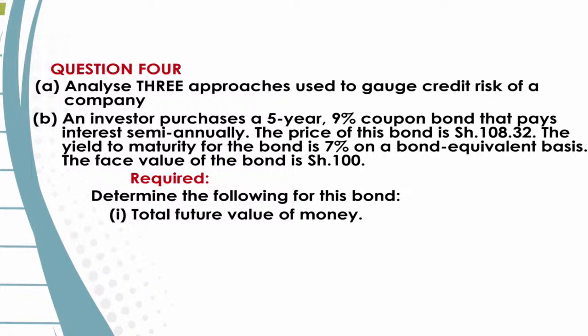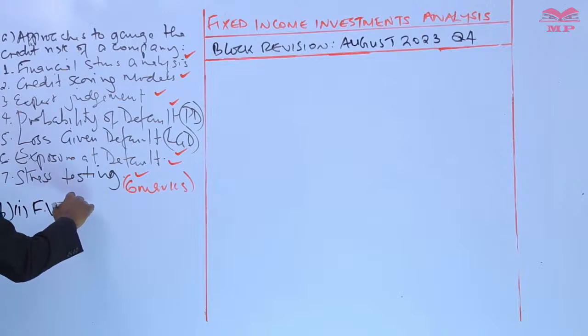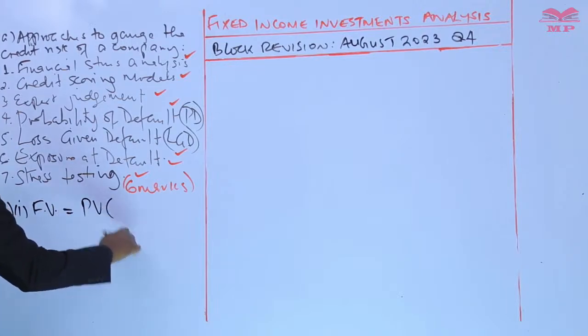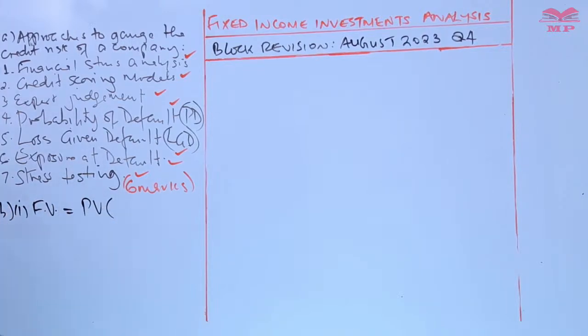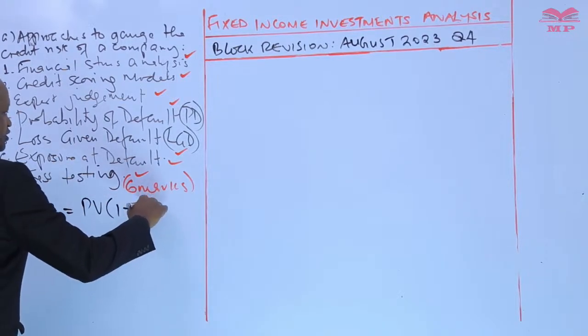Total future value of money. So we read the price of this bond is 108 shillings and 32 cents. That is the present value. So what will be the future value of this amount? That is B Roman 1. We know that future value is always equal to the present value times 1 plus R raised to n.